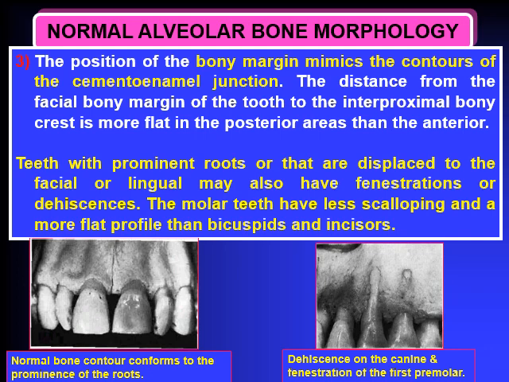So, teeth with prominent roots or that are displaced to the facial or lingual may have fenestrations or dehiscence. Okay? The molar teeth have less scalloping and a more flat profile than the bicuspid and incisors. Because of that, the interproximal bony crest is flatter in the posterior areas.